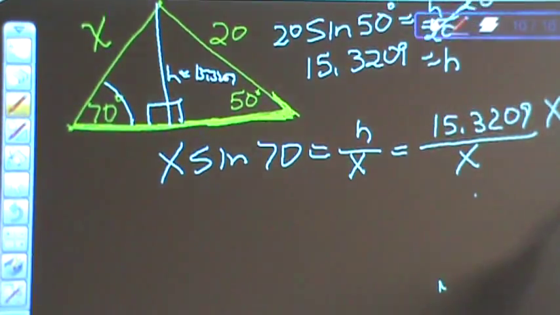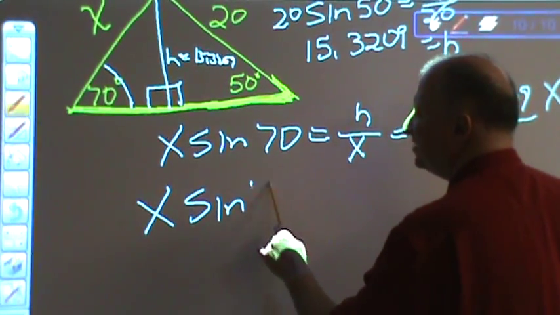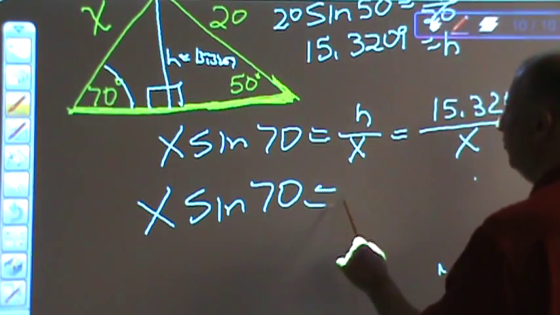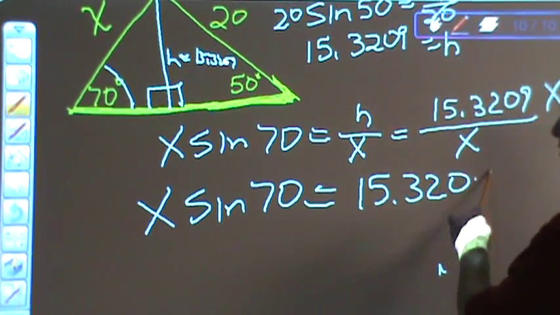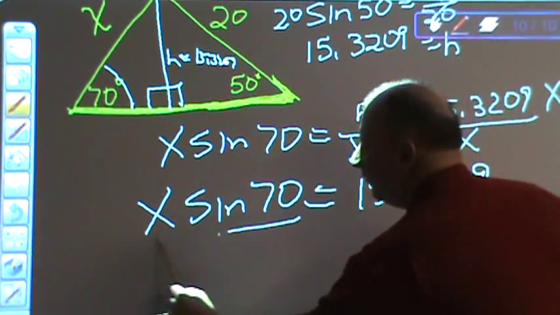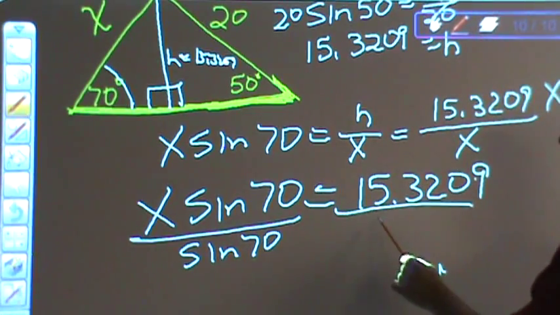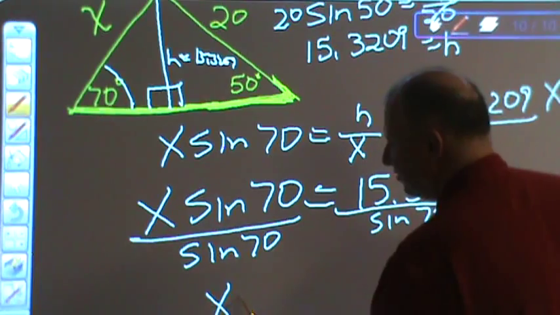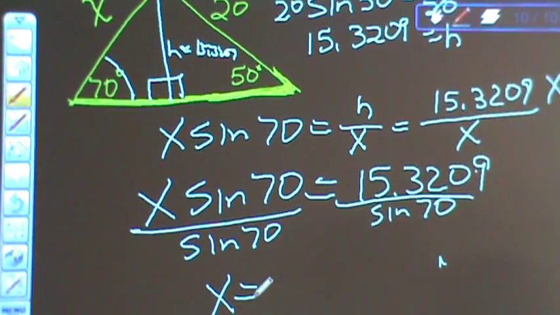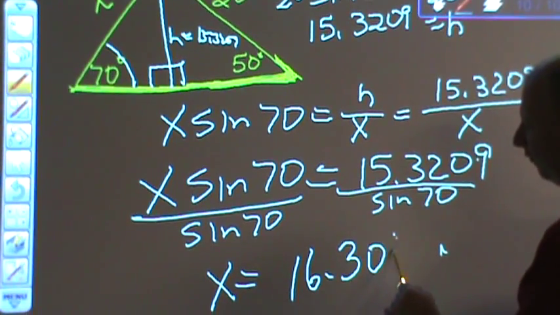So what I can say now is x sine of 70 is equal to 15.3209. And if I divide both sides by sine of 70, I can say x happens to be equal to 16.304.